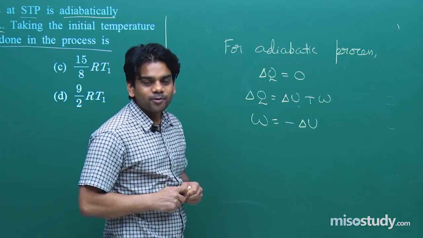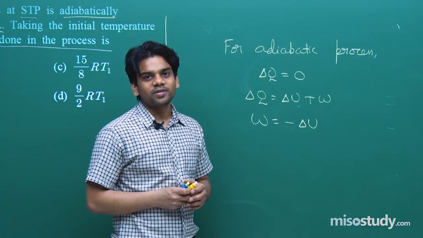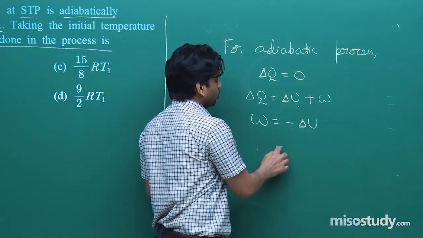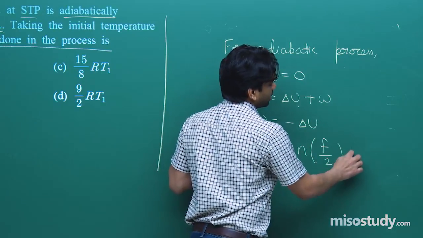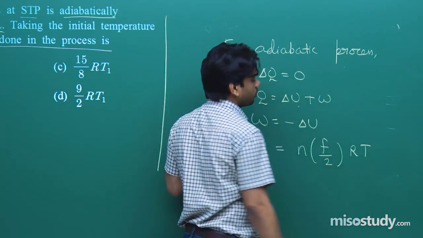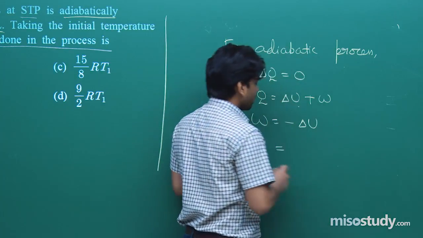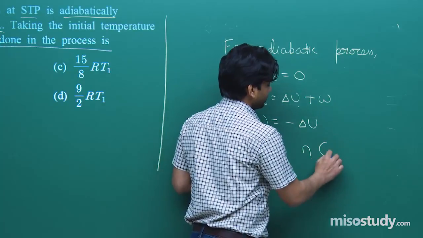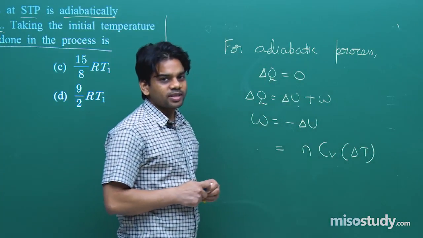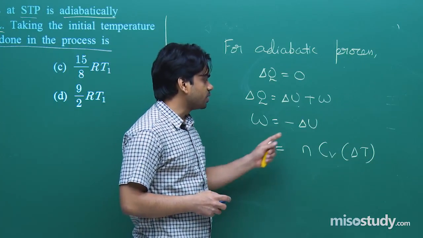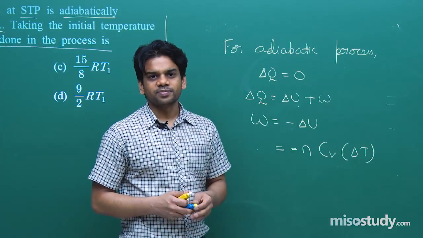And I have told you with respect to degrees of freedom what will be the value of delta U, that will come out to be n f by 2 RT. Or before that, let me tell you it is n Cv delta T, that is what we can say about the value of delta U. We can write it this way, and the minus sign was there. n is 1 by 4, that is given.